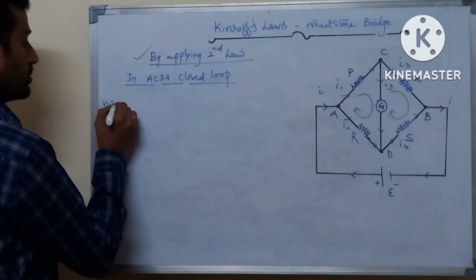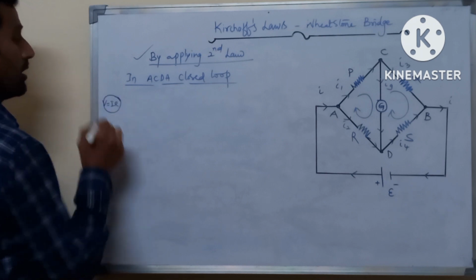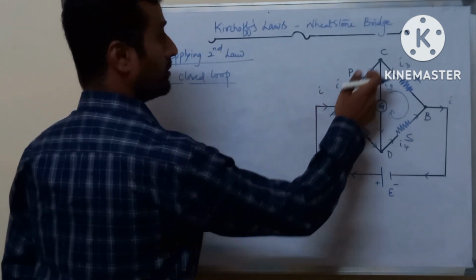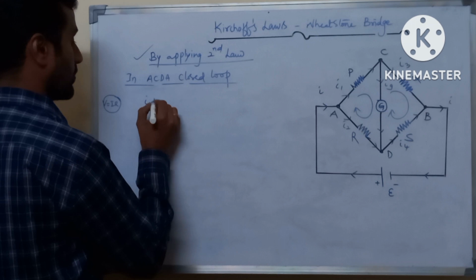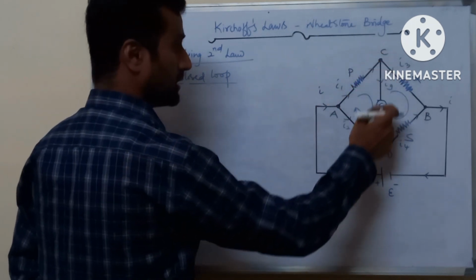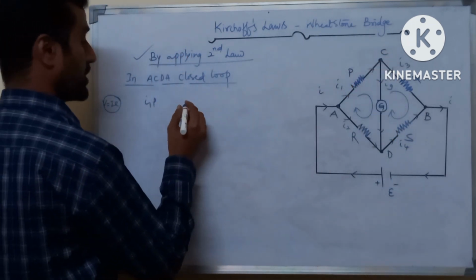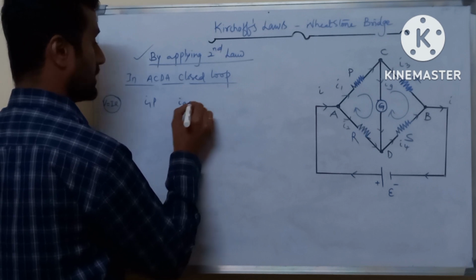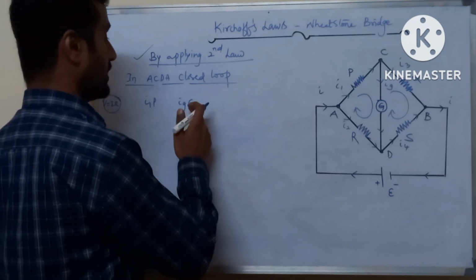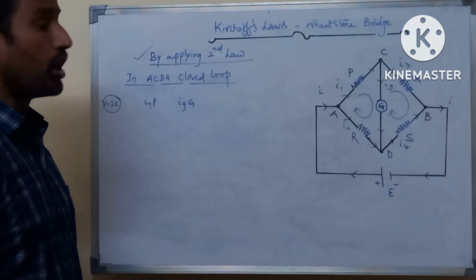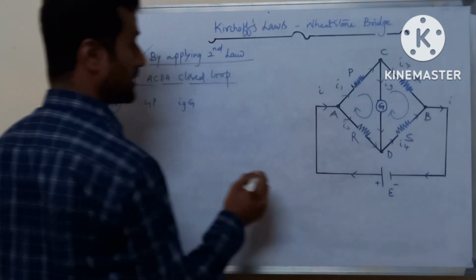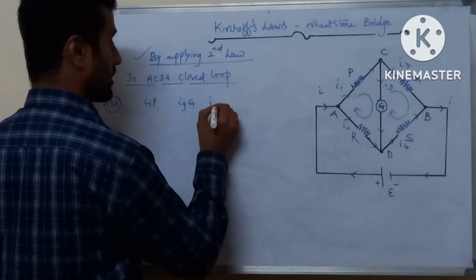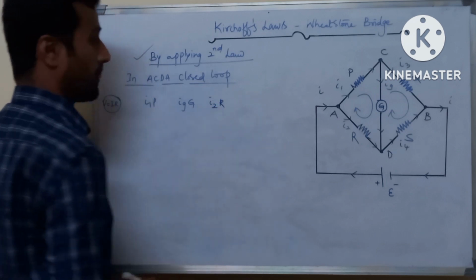V is equal to IR. Across this branch, the potential drop is I1P. Along this branch, the potential drop is Ig into G. Here G is the internal resistance of the galvanometer, and along this branch, the potential drop is I2R.